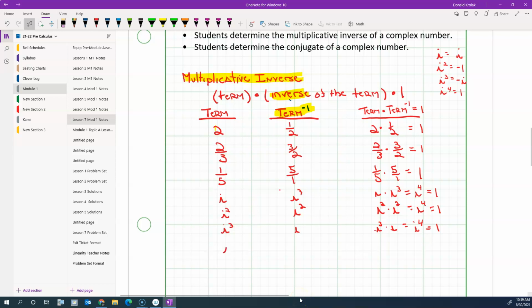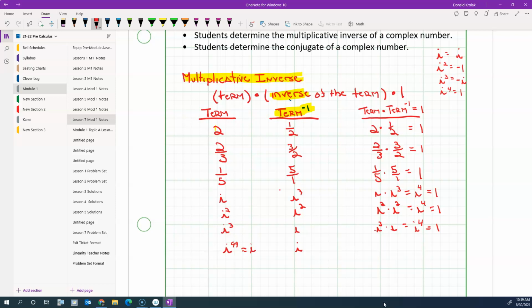Okay, how about i to the 99th? What would be its reciprocal? So what's i to the 99th the same as? Divide it by 4.